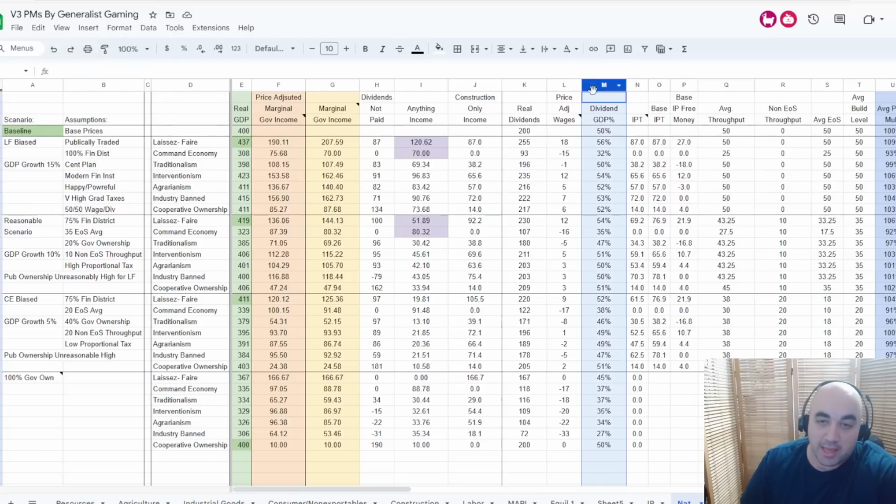Partially highlighting this is also the dividend GDP percentage split. This is based on a variety of factors, but this is dividing the real dividends by the real GDP, and we're getting this figure here. You will notice a much higher share of the balance of the building going to the dividends.